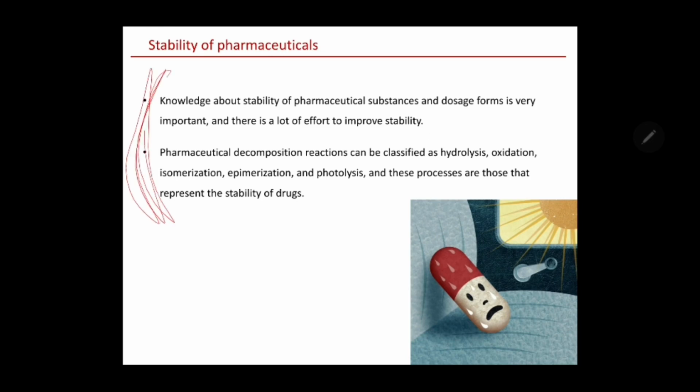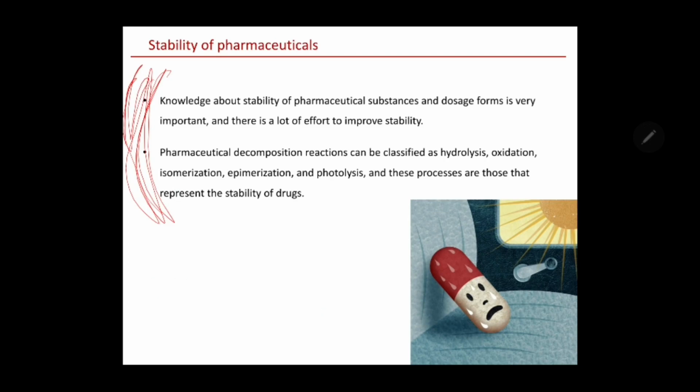Why did we talk about stability here, and what's the relation between kinetics, stability, and pharmaceutical applications? Here is a small paragraph that tells us knowledge about stability is really important. Prediction of stability is really important.